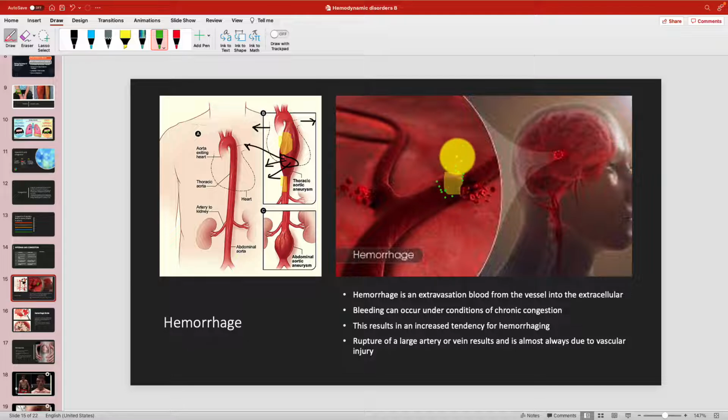That repair damage cycle that is occurring when we have the development of atherosclerosis starts to weaken the integrity of the endothelial cells, and that can lead to damage and hemorrhaging as well.